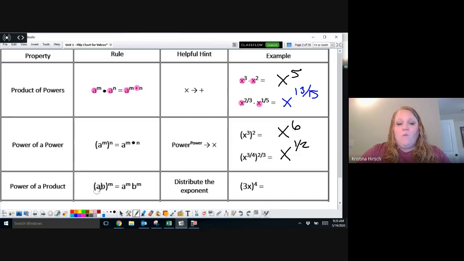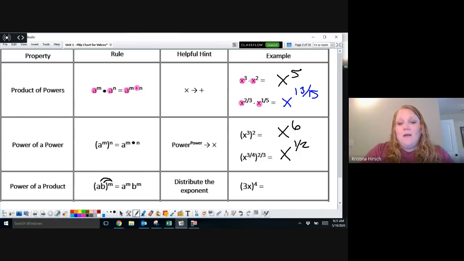When you have more than one thing being multiplied and the whole thing is raised to a power, then everything in parentheses gets raised to that power. It's almost like distribution, except distribution is multiplication, right? But in a way, we're distributing this m to both of those variables. So A gets raised to the m power, B gets raised to the m power.